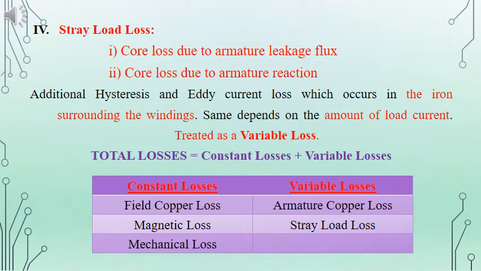For magnetic loss also, the conditions are that the excitation and power factor are constant. For mechanical losses to be constant, the speed of the machine must be constant. And under variable losses, we have armature copper loss and stray load loss. These are variable losses because they depend on the load current.